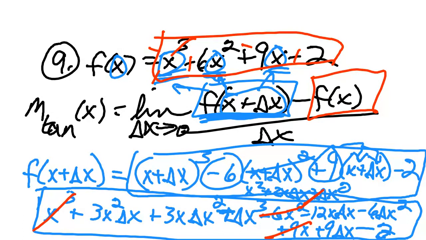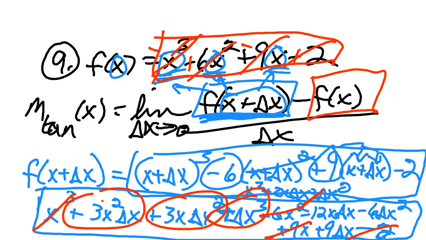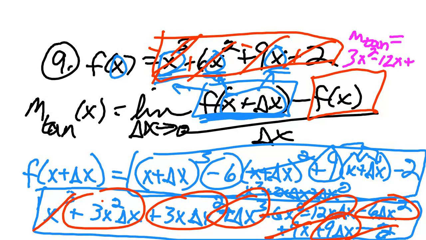The 9x, the 6x squareds, and the 2's will all cancel with these up here. And so what's left in this blue box is what we're going to have left in the numerator, all over delta x, and then we pull out a delta x, get it to cancel, and see what's left. Long story short, when you do this, the slope of the tangent line at any point x should end up being 3x squared minus 12x plus 9, without having it factored.